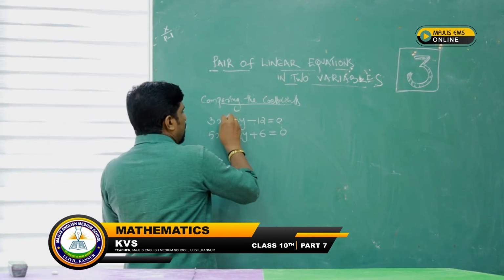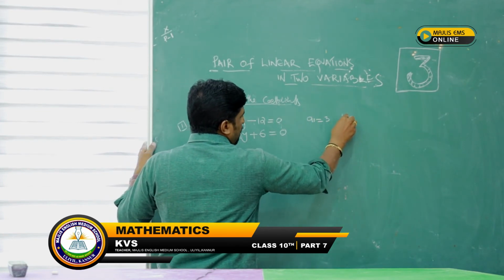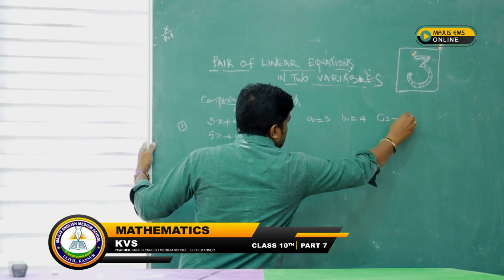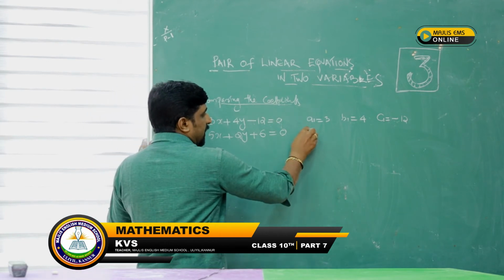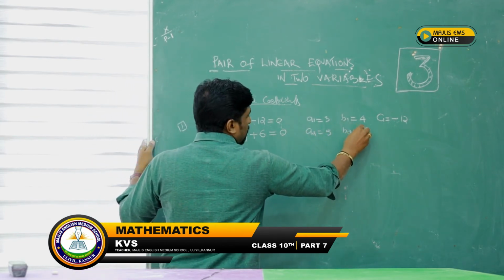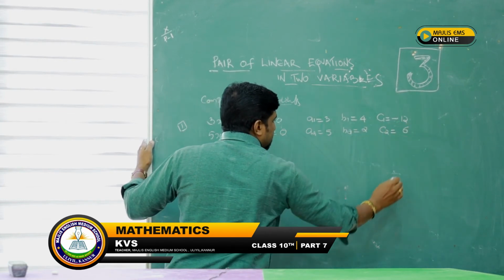Here we know a1 equal to 3, b1 equal to 4 and c1 equal to minus 12. And in the second equation we got a2 equal to 5, b2 equal to 2 and c2 equal to 6.